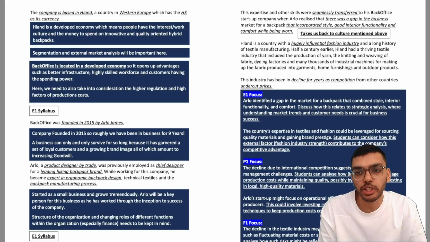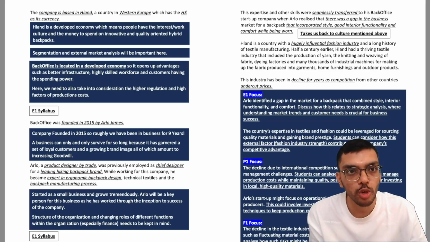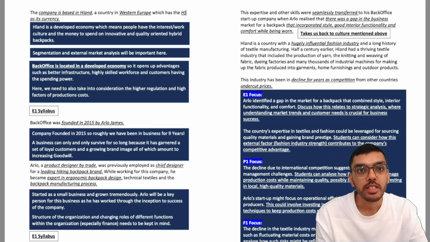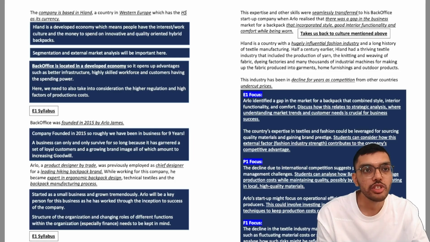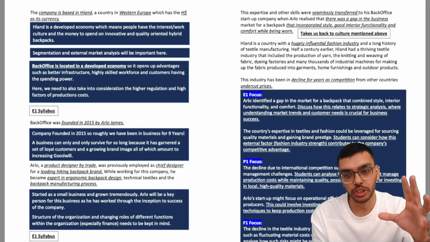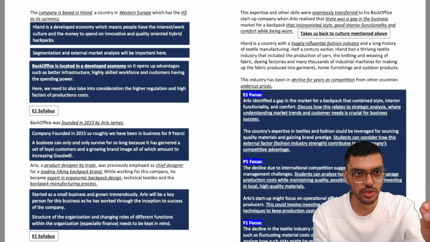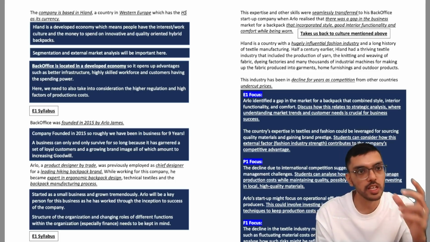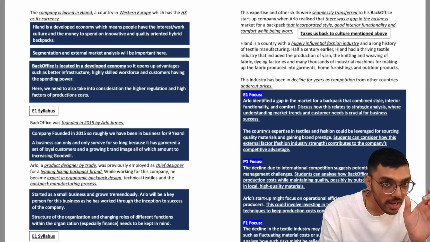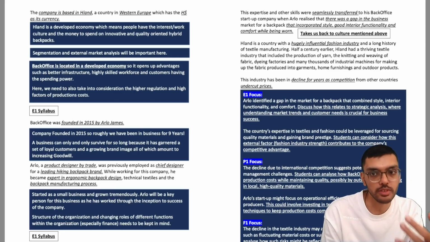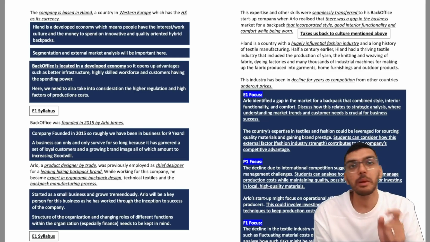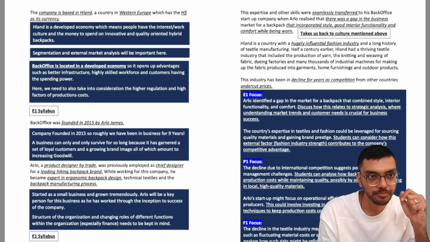Next, the company is based in Iceland. So this is a fictional country that they've given to you. A country in Western Europe which has the H dollars as its currency. So everything fictional. The country is fictional, the currency is fictional. But what I learn over here is a lot of stuff actually, because they say that we are based in Western Europe.